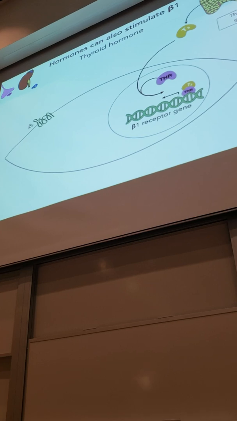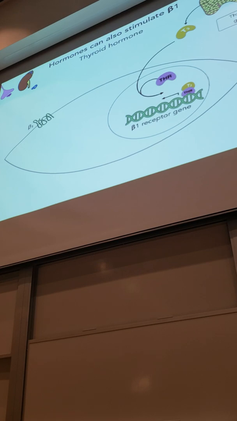But in the heart, one of the things that it does is it transcribes beta-1 receptors. Okay? So what happens when you activate transcription here is we're going to get a bunch of mRNA. mRNA gets turned into proteins, right?